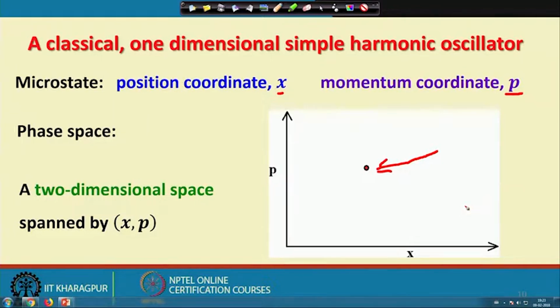Of course, this is the simplest possible visualization of the phase space of this single classical one-dimensional simple harmonic oscillator.